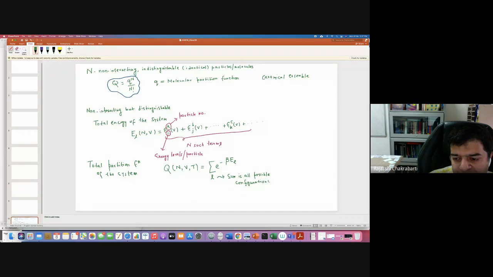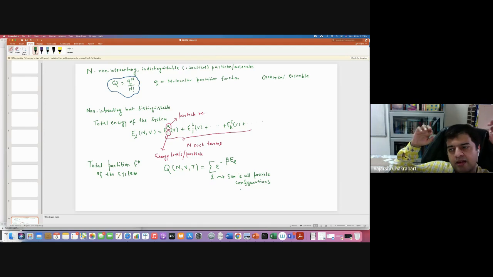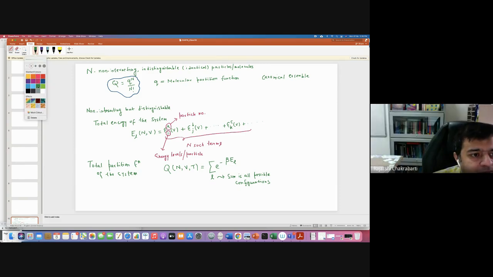So I can have a situation in one of the configurations where my particle A is in energy state I. I can have another configuration where my particle is in energy state K. So I can have many such configurations, and I have to sum over all such possibilities. It is not the sum over particle level energy states. It is the sum over all possible arrangements, all possible configurations. Is this clear? This is very important, and this is what is known as your canonical partition function.